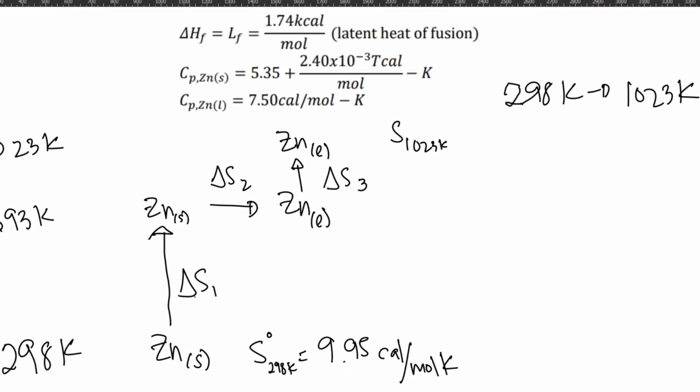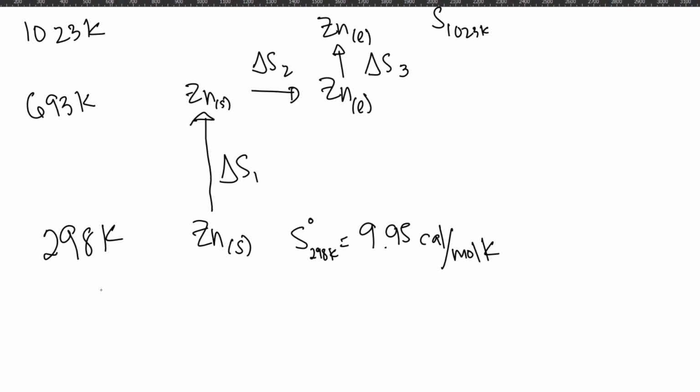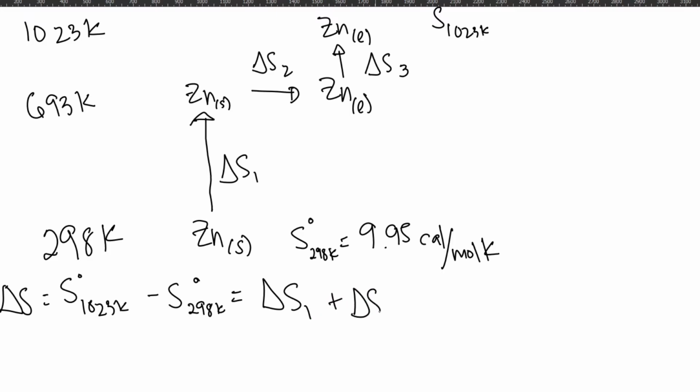We can exploit that by combining S1, S2, and S3 to get the value of S1023. Mathematically, final S1023 Kelvin minus initial S298 Kelvin would be equal to the sum of all of these processes, because these are our only delta S. So it is equal to delta S1 plus delta S2 plus delta S3.